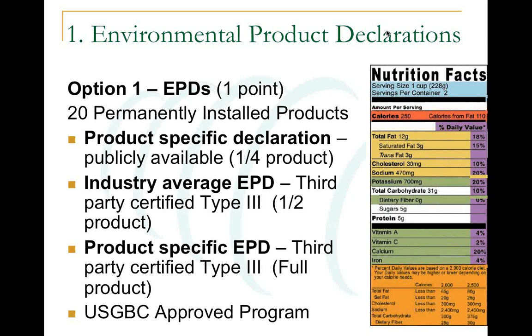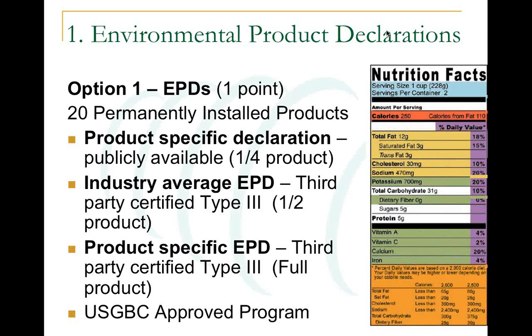Currently, there is no industry average EPD. Somebody can probably piece one together from old data, but this is nothing we have to offer right now. A product-specific EPD gives the design team a full product, and for the concrete industry, that means a plant-specific EPD.